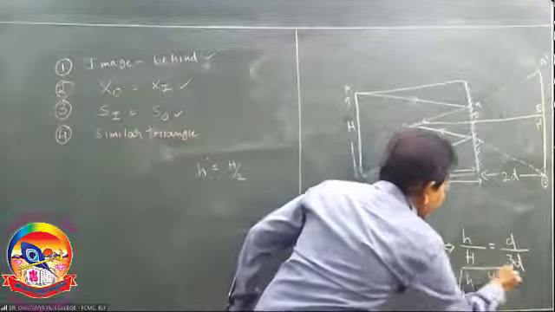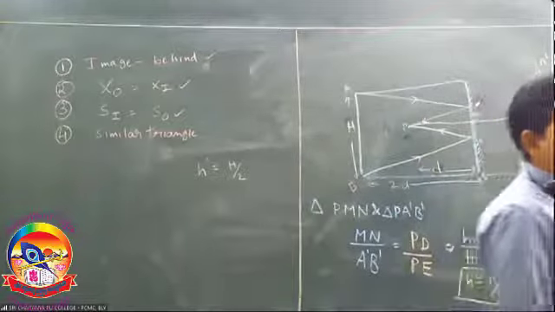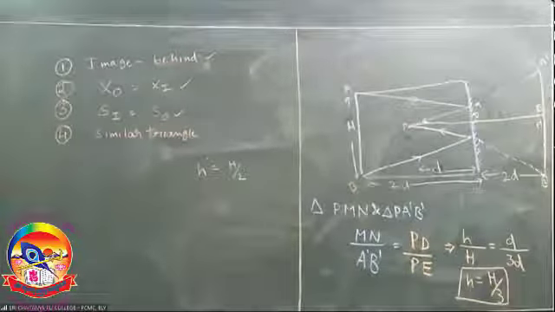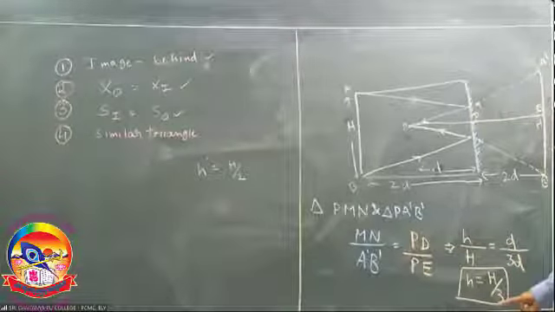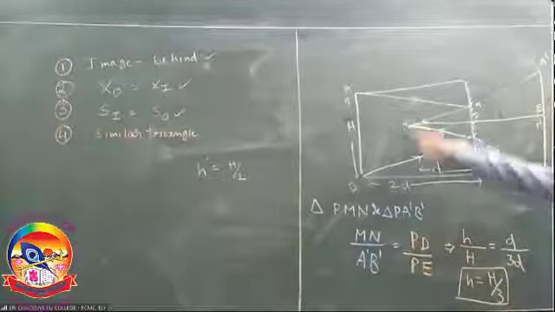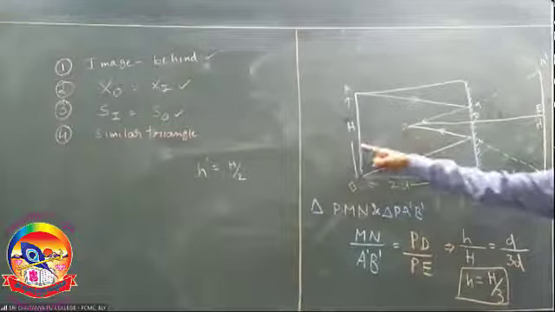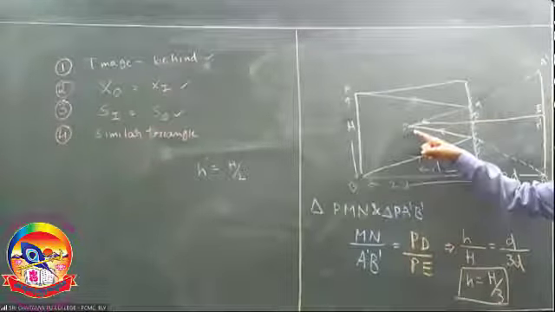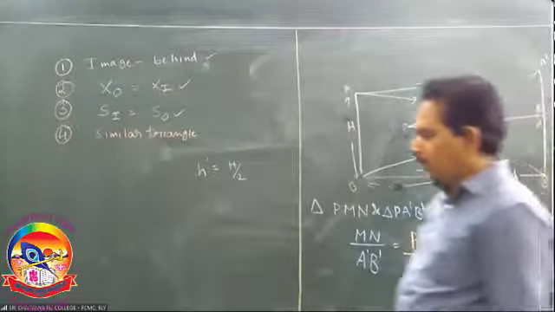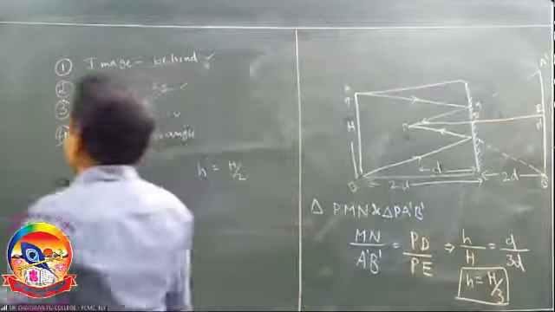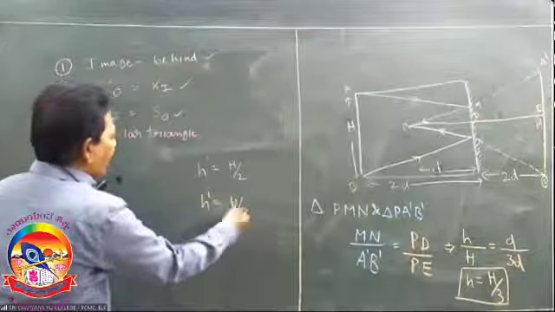The minimum length of the mirror required to see the full image of the wall behind a person in a room is H by 3, for a person standing in the middle of the room. So, two very important results, direct formulas in examinations.